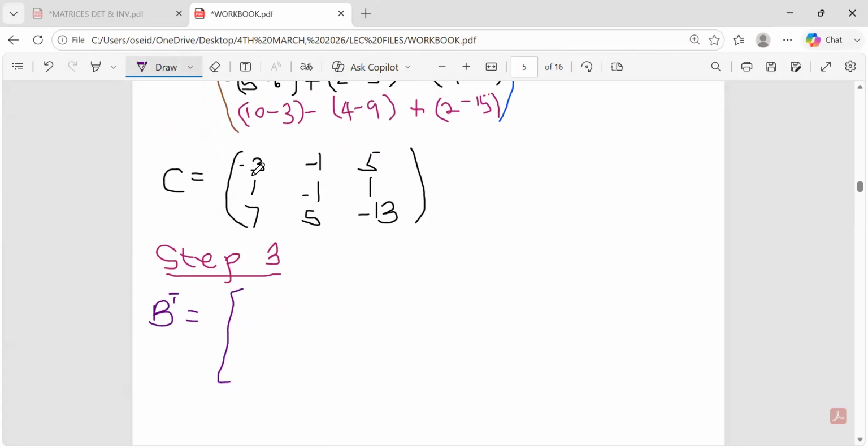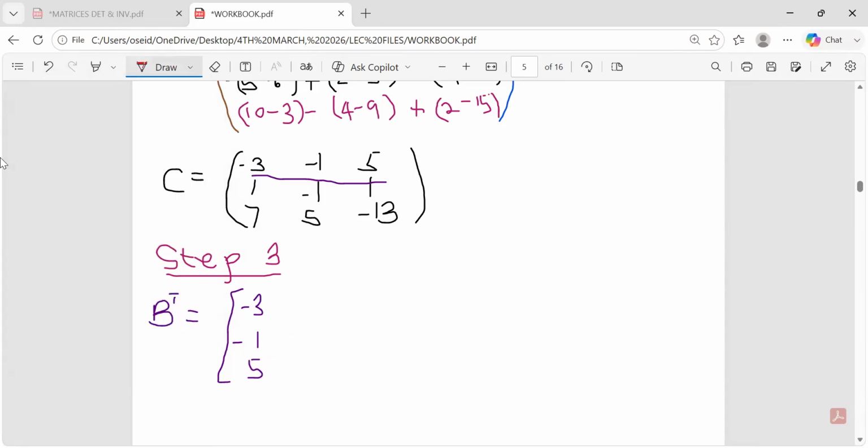The first row is what? This. We are going to get negative 3, negative 1, then 5. Because we say that in a transpose, the first row becomes the first column, and the second row becomes the second column, and the third row becomes what? The third column. So that's that.